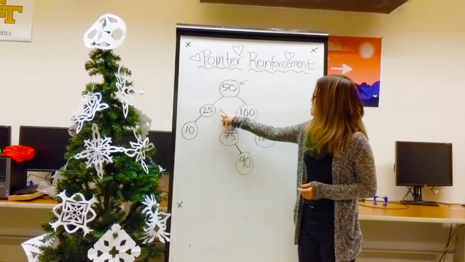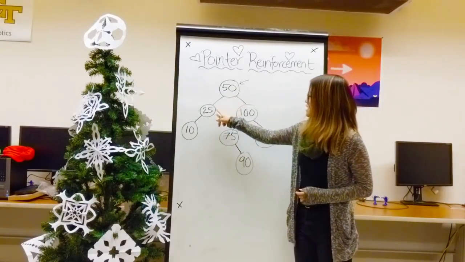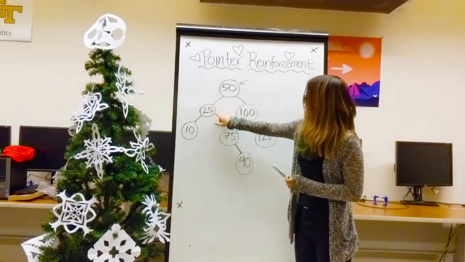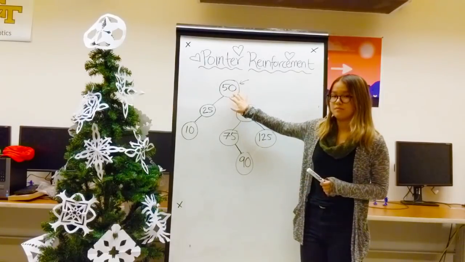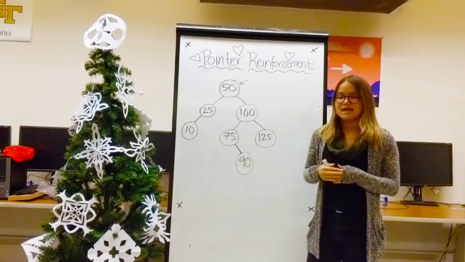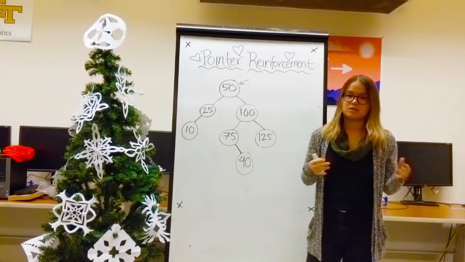So in this case, the 25 is the predecessor of 50 because it is the largest thing in the left subtree. So we would be removing this node and replacing the data that we have in the root. And by using the predecessor or successor, we delegate the actual removal of a node to another area in the tree where it's easier to remove.